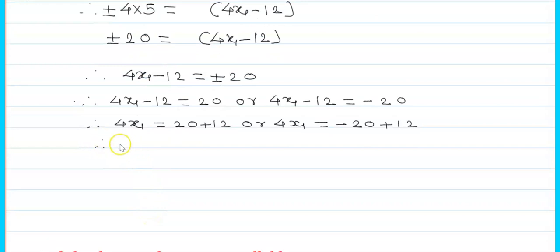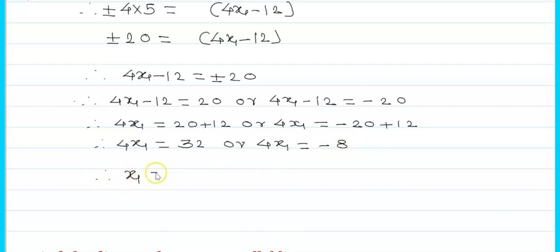Therefore here you will get 4x1 is equal to 32, or 4x1 is equal to minus 8.